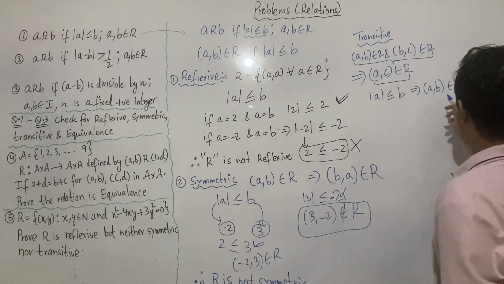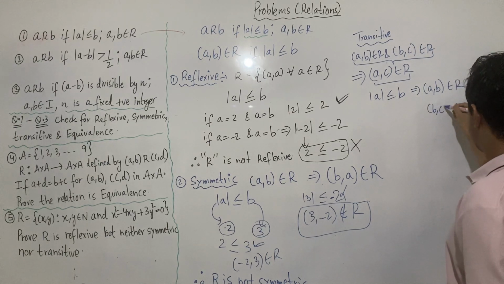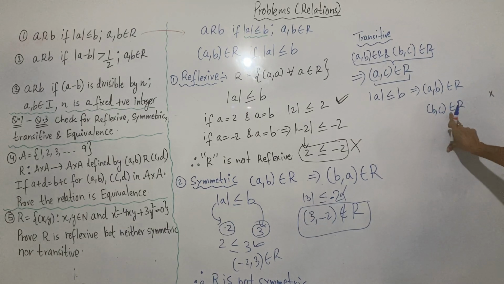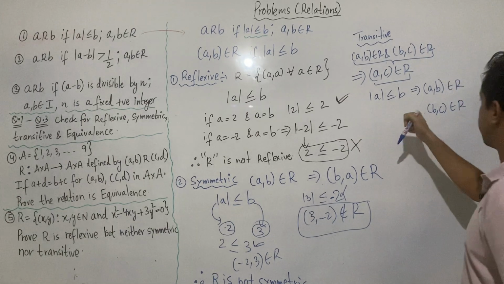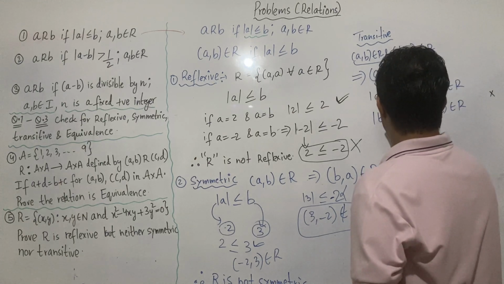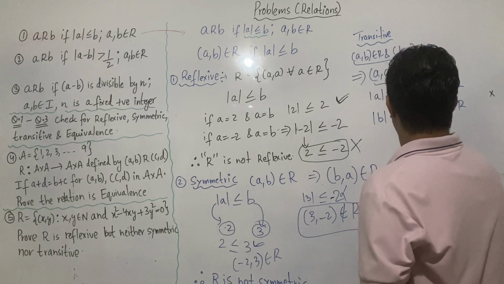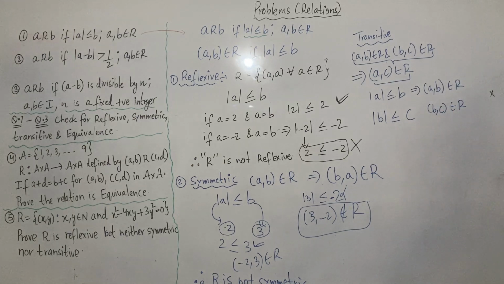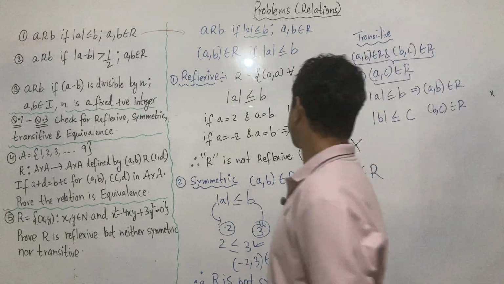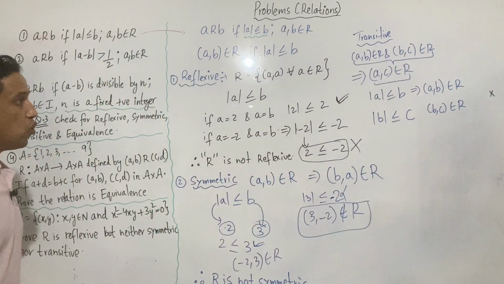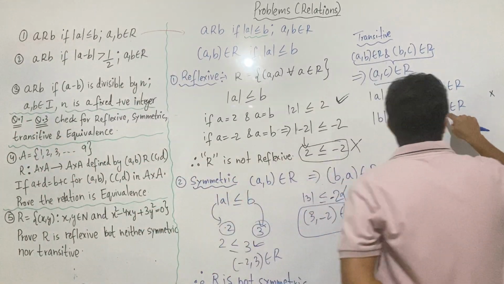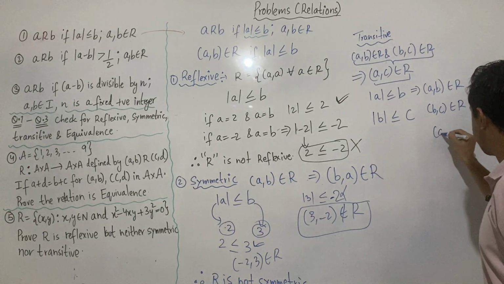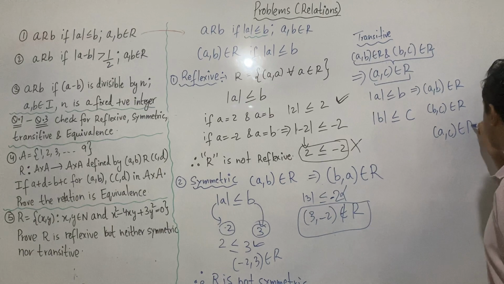Similarly, if B and C are to be part of this relation, then I have to say mod of B is less than or equal to C, right? Now, if both of them are in the relation, then I can say that A and C are also going to be part of the relation.